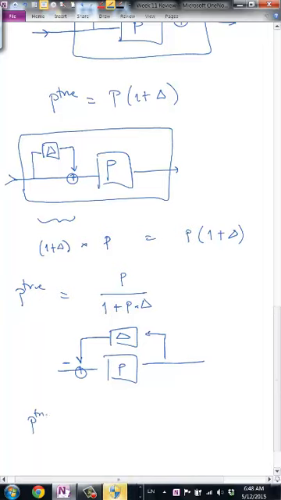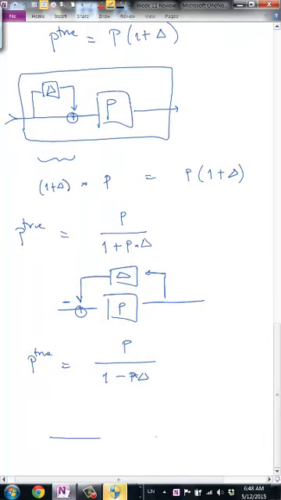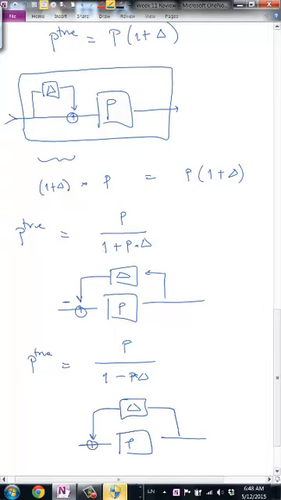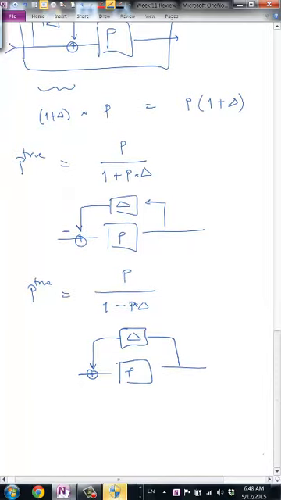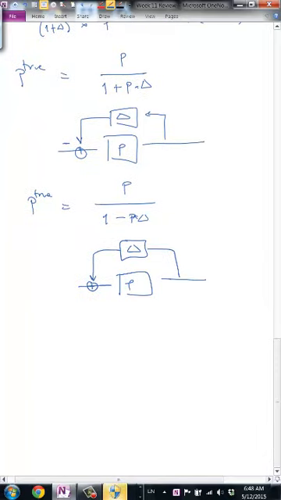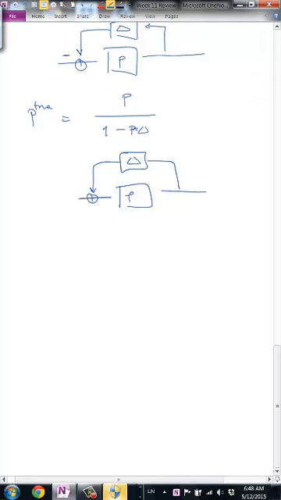Similarly, if P true were equal to P over 1 minus P times delta, then we would just take away that minus sign. This models this transfer function. So the point is that there's a lot of flexibility in modeling with this block.